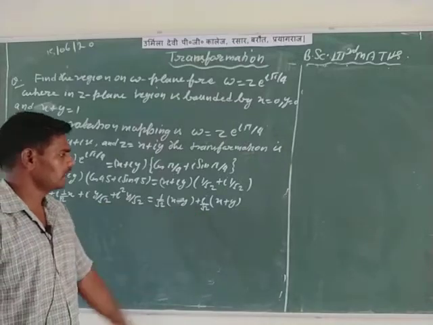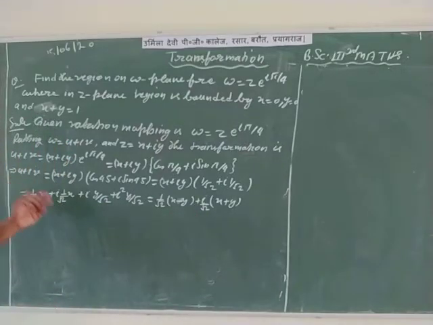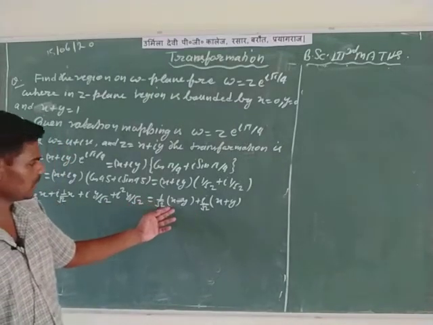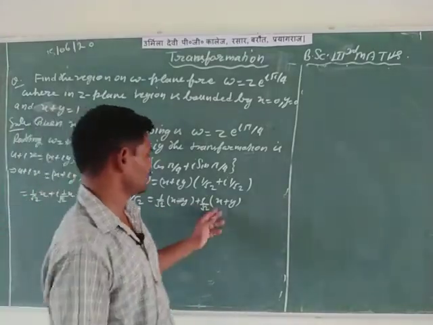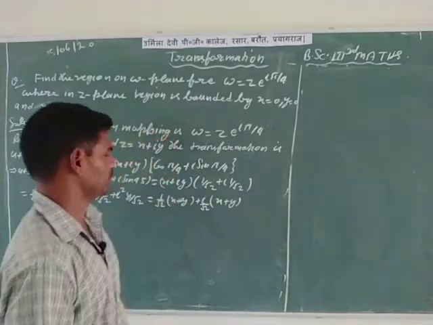So u plus iv is equal to 1 by under root 2 times x minus y plus i times 1 by under root 2 times x plus y.